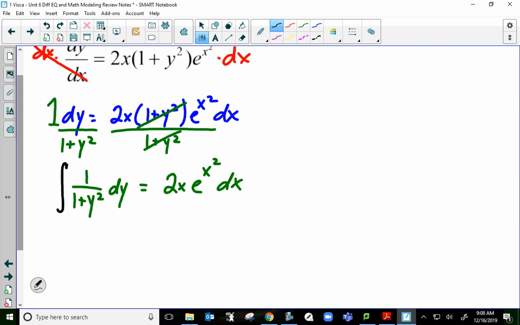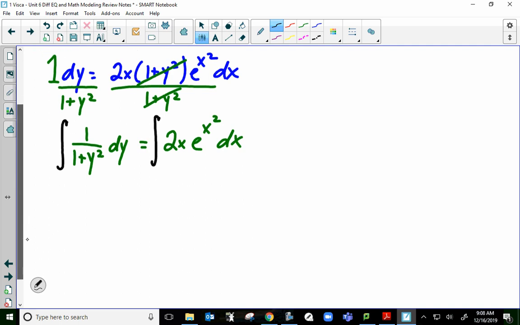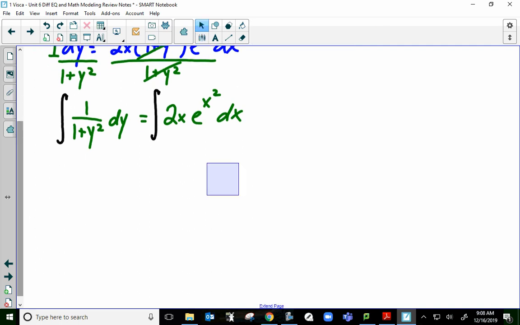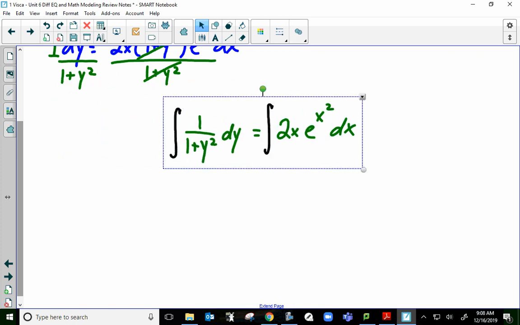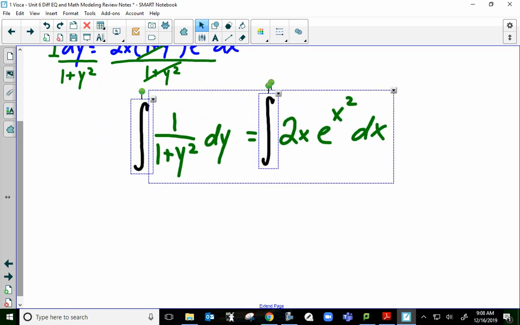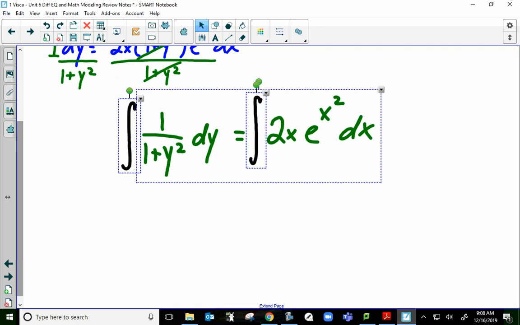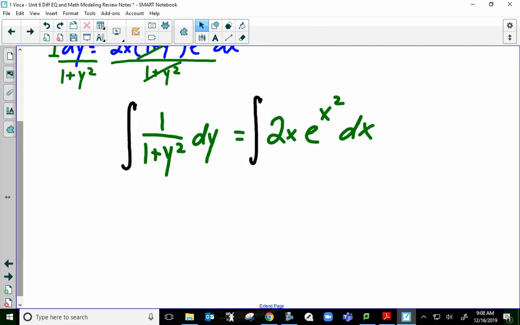Now, I said you should know your rules, correct? I think I did. So, in fact, perfect. Make this bigger here. This is what we got to work with. Okay? First of all, I'm looking on the left side thinking, how do you do this?